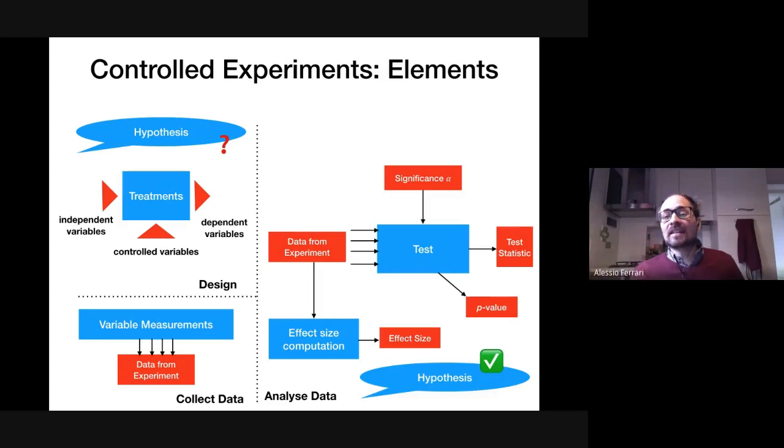And the effect size is how large the effect is that I'm measuring with my test. So one is the p-value output telling you how confident you can be, how significant your result is, and the effect size tells you how large the effect is that you have observed in your data. Okay.